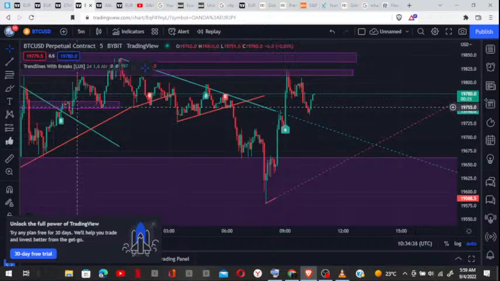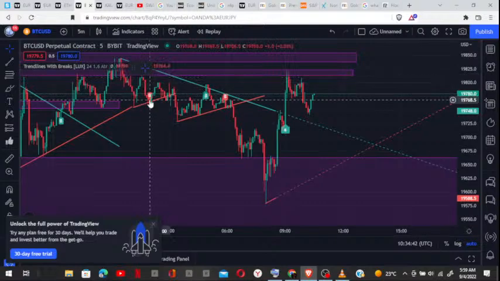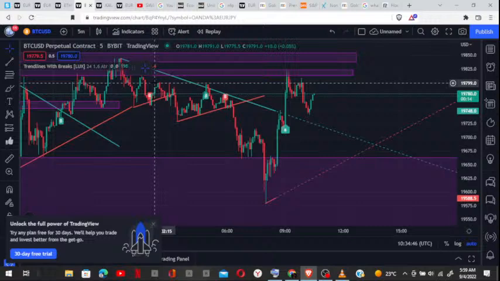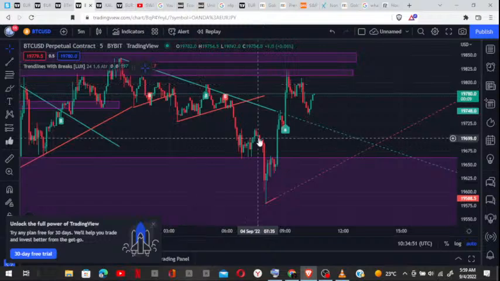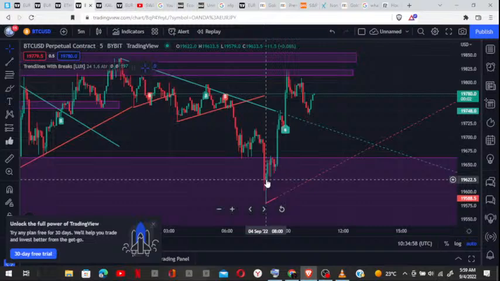Maybe you took a sell position at this point over here, and then you saw this green one over here. You get out of the market because now you think this is going to go up, but then you notice that the market has been dropping ever since, and it drops to this level. You don't have to be over patient in the market, but you don't have to panic whenever you're trading.